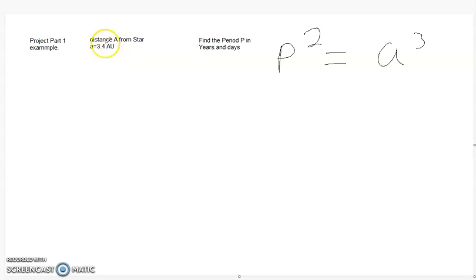And you can see from my planet A, the average distance between the planet and the star is 3.4 astronomical units. Okay, so that's out beyond the orbit of Mars, for example, if we were talking about our solar system. But of course, we're talking about an exoplanet, a planet that's around another star.